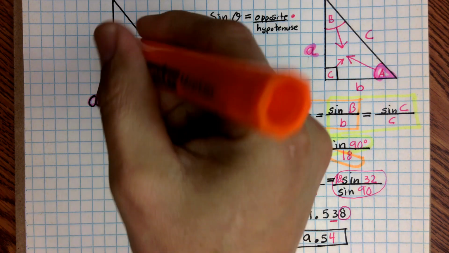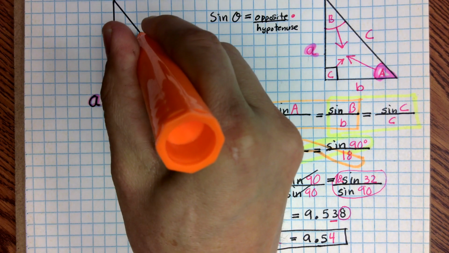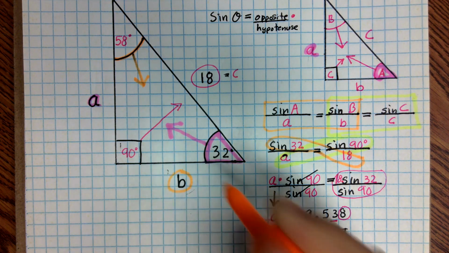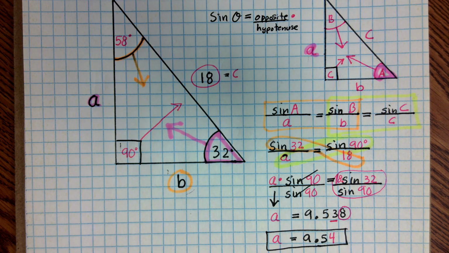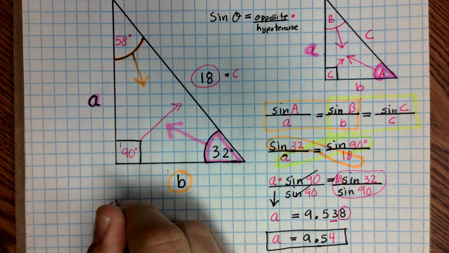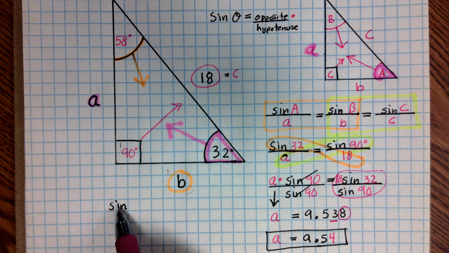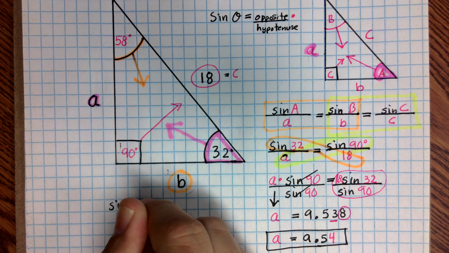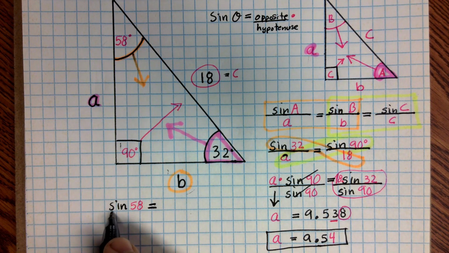Now I'm going to use this angle for b, and if I go across from it, the side of the triangle that has a relationship with it is b. So I'm going to write right here sine b, but instead of a b, I'm going to put the value of angle b, which is 58. Then under sine 58, I'm going to put my division sign.